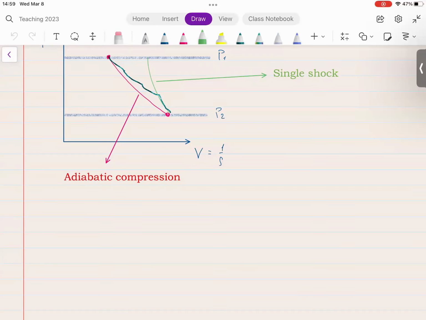So part of the careful design of the shocks in ICF is aimed at having the shocks meet in the center of the target. That's not for getting extra compression, that's for energy deposition, getting the temperature up in the center after and not before we have compressed the plasma.